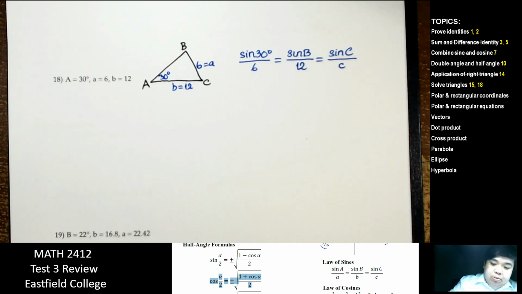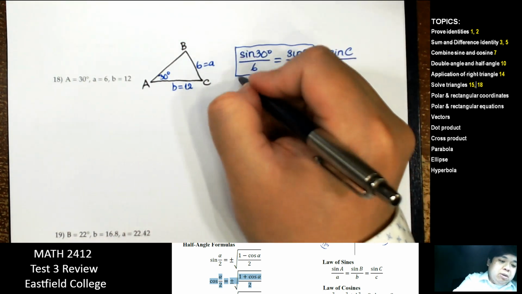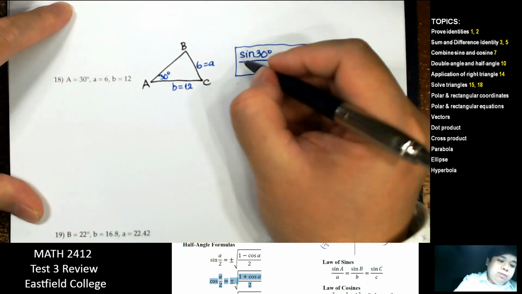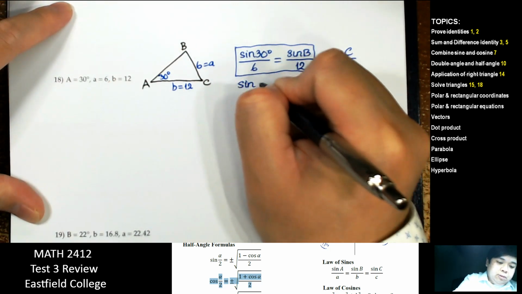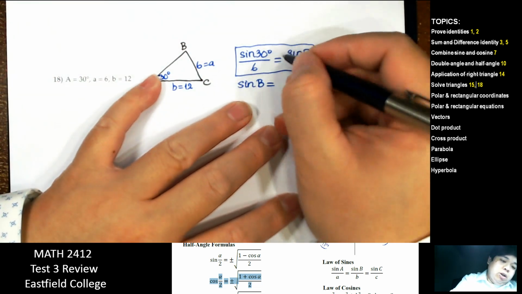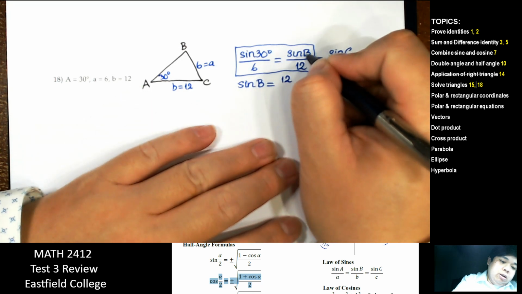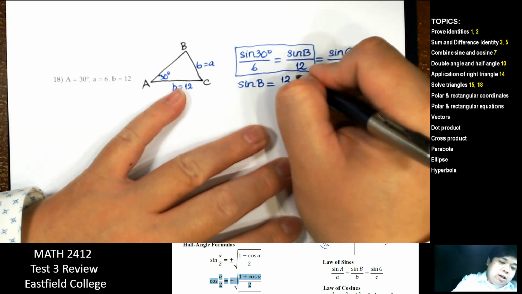Now we pick a ratio and then we solve for the missing information. Obviously, we need to use this ratio to solve for sine B. So we have sine B is equal to 12 sine of 30 over 6.